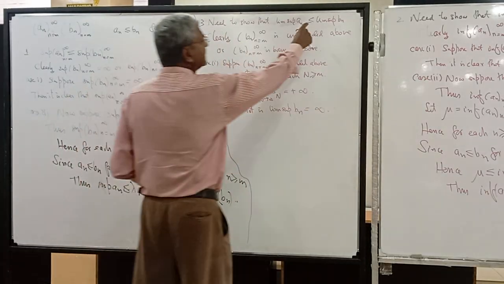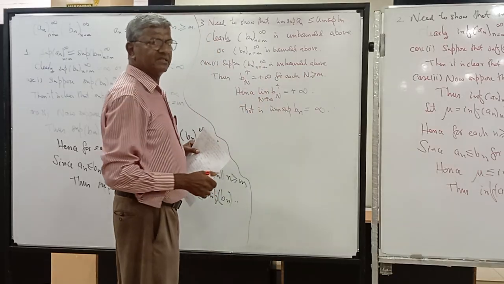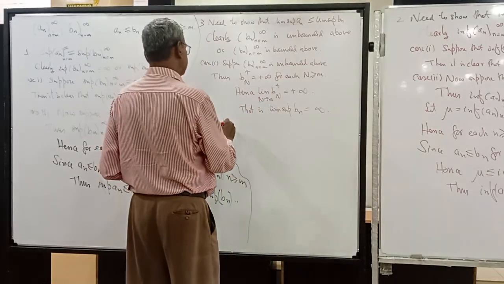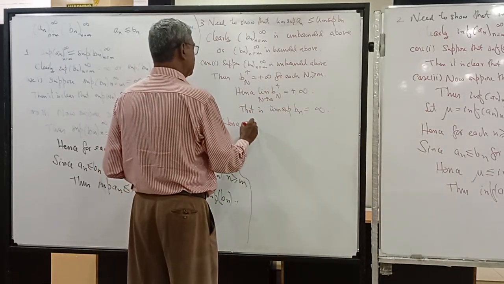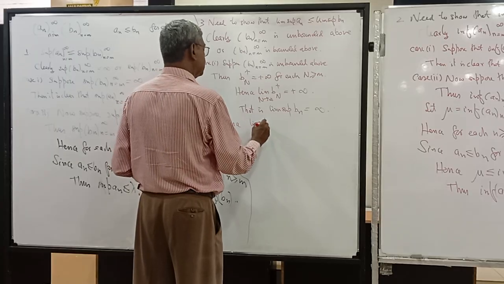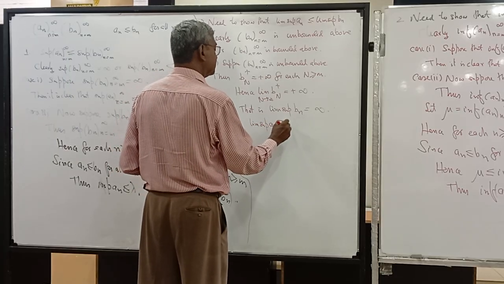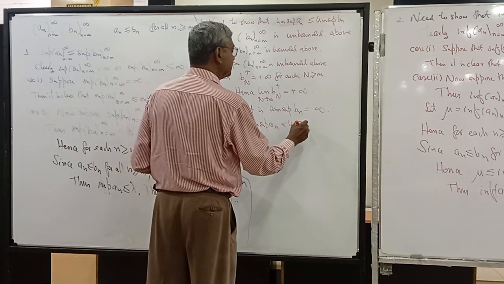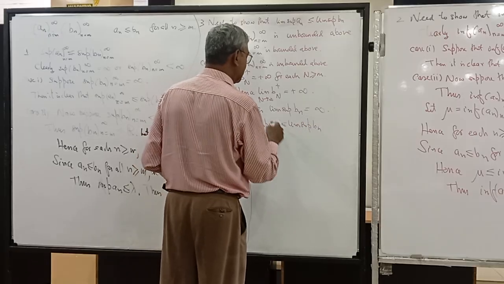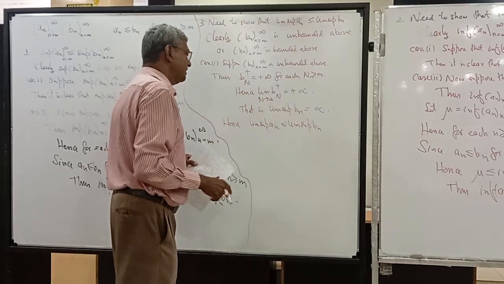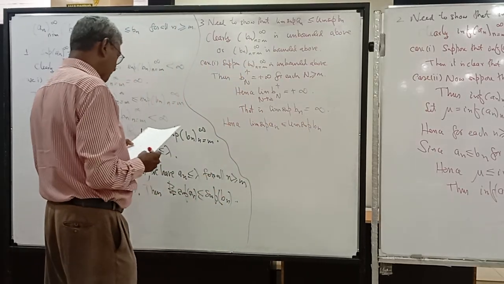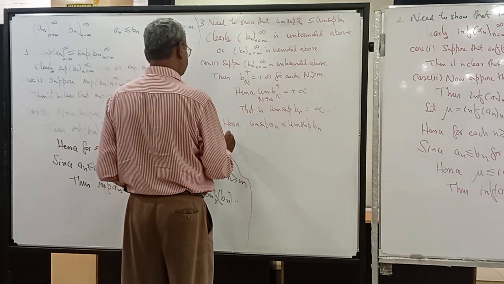If lim sup Bn is infinity, then this inequality goes without saying, meaning lim sup An is less than or equal to lim sup Bn. Case 2.